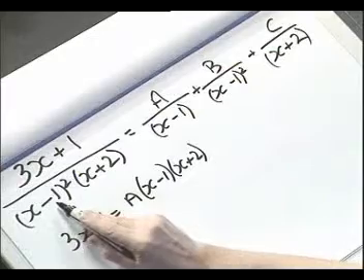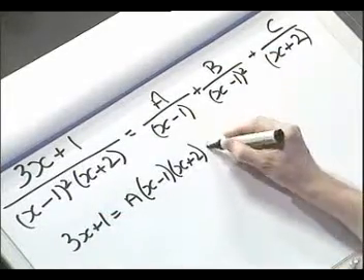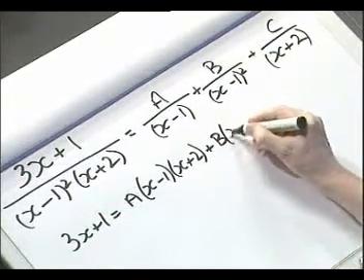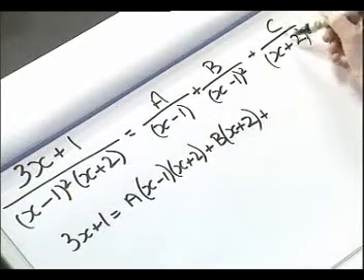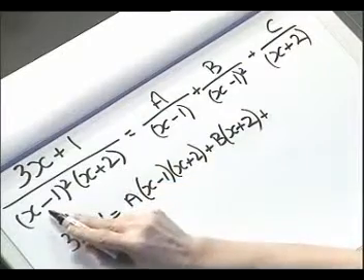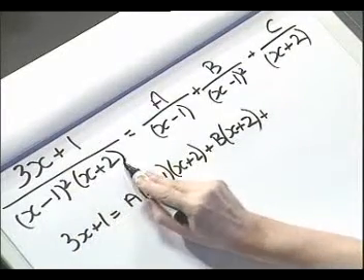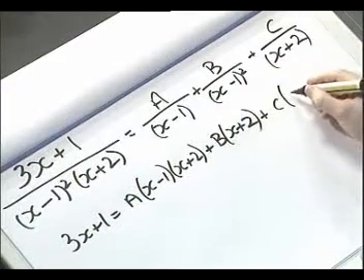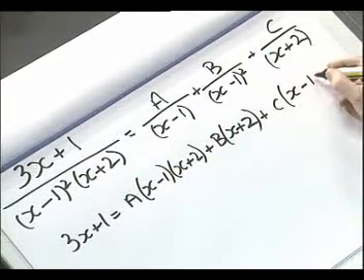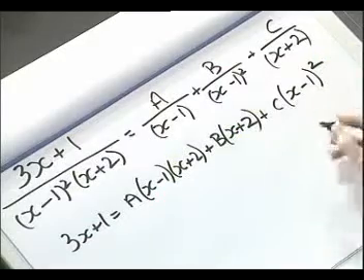Both of the x minus 1 squareds will cancel, leaving us with b times x plus 2. And then we have c over x plus 2 times x minus 1 squared times x plus 2. This time the x plus 2's will cancel, leaving us with c times x minus 1 squared.